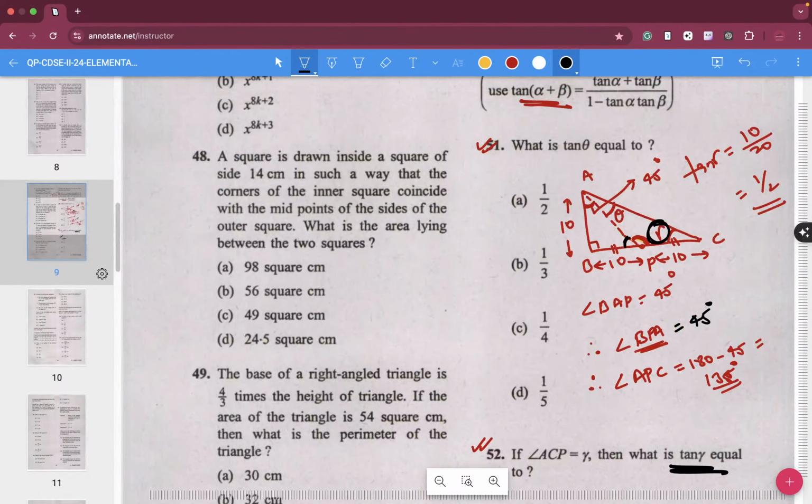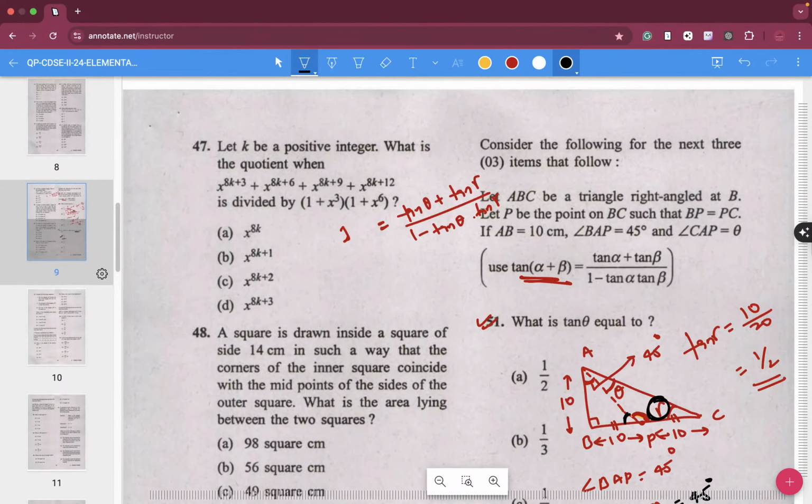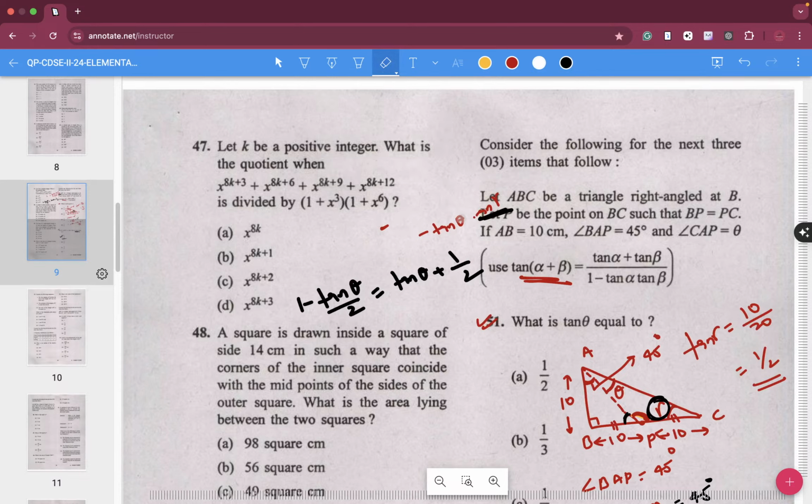Now question number 51. If it is 1 over here, can I simply write 1 minus tan theta tan gamma, where tan gamma is equal to 1 by 2? So tan theta plus tan gamma value is 1 by 2, is that what we have, folks?